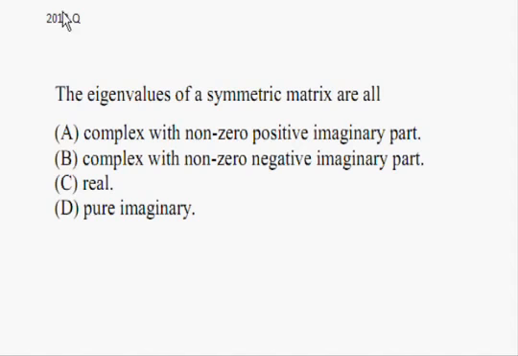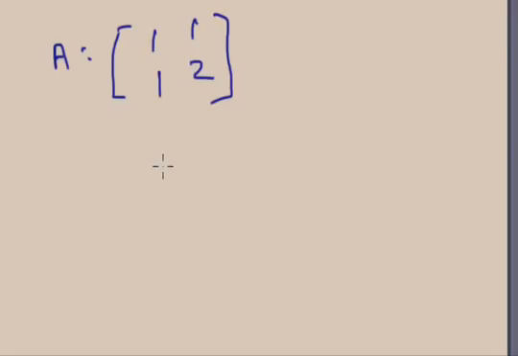This is a 2013 question. The eigenvalues of a symmetric matrix are what? To find out the solution, you just take an example and get the eigenvalues of a symmetric matrix. So I am taking this simple example, [1 1; 1 2].